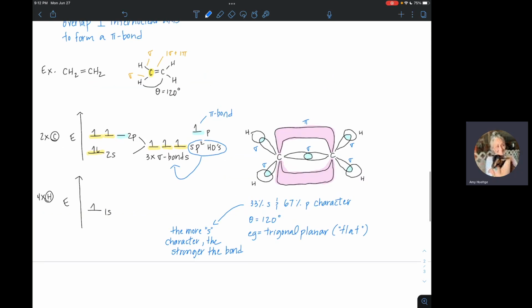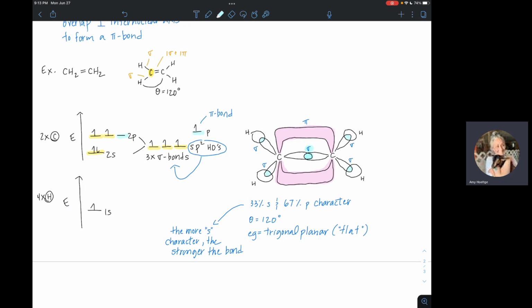If you're looking at these hybrid orbitals overlapping along the internuclear axis, between those two carbons, so this thing right here, highlight that, this sigma bond is what I'm talking about in the middle there. You get a good orbital overlap, you get a nice strong bond, right?